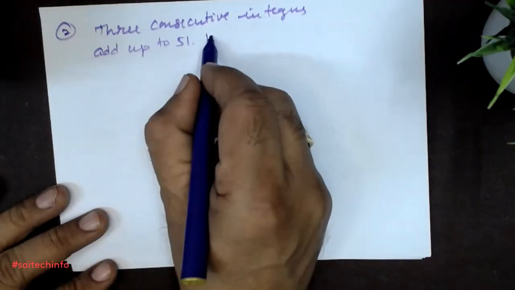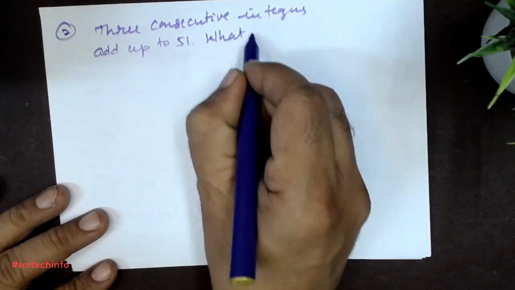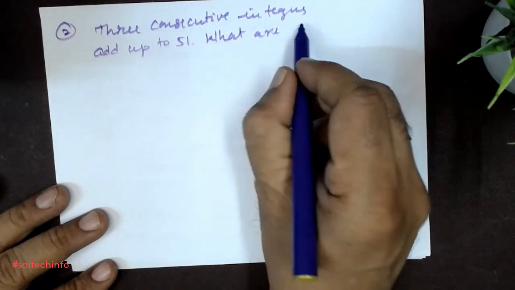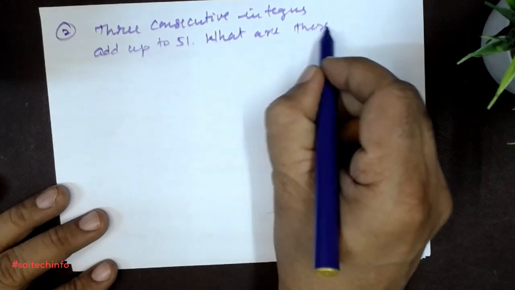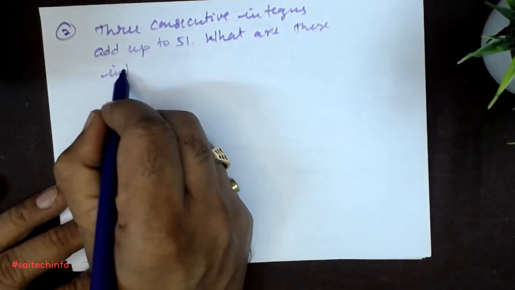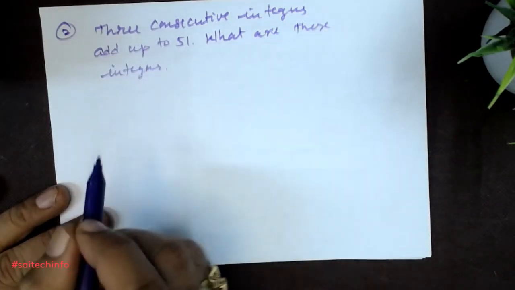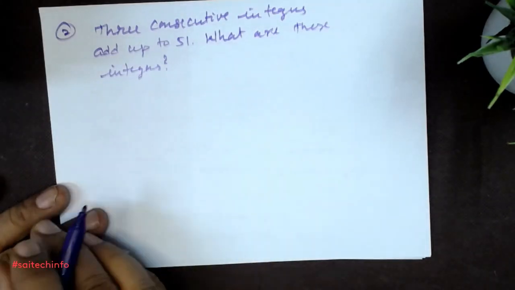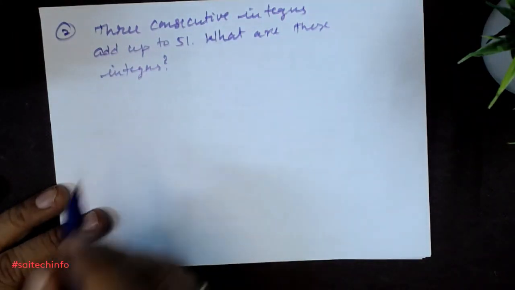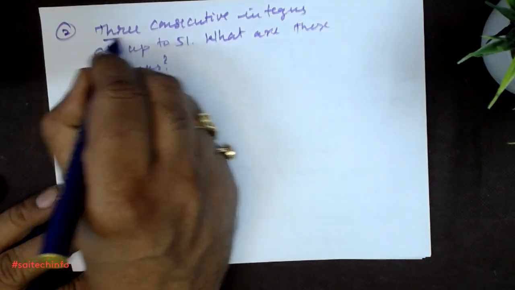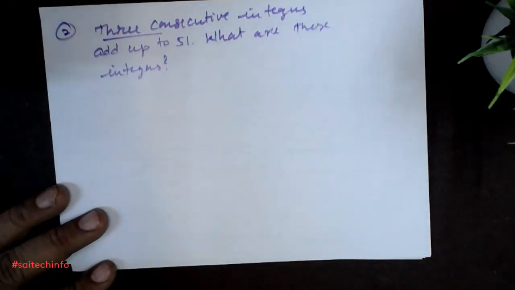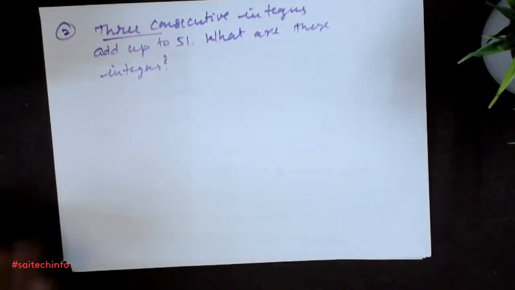What are these? Integers. Okay. So how many integers? 3 integers, right? So you have to consider these 3 integers.